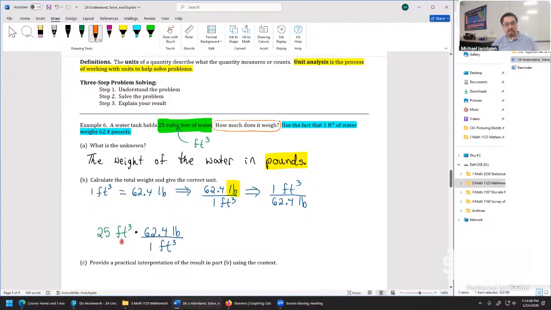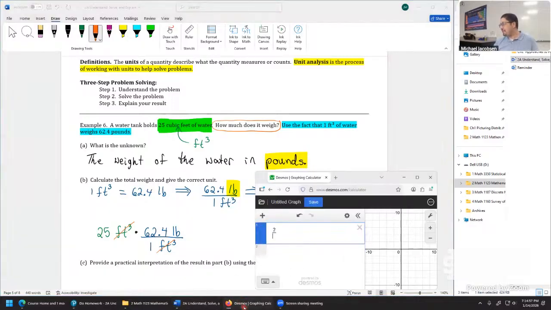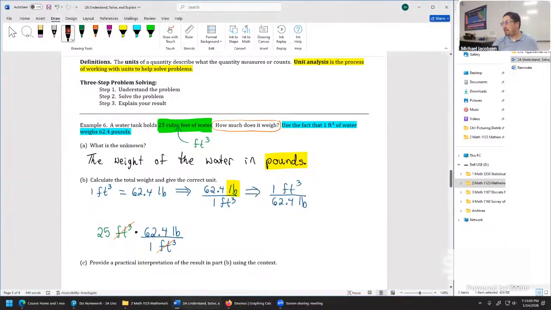Think of feet cubed just like another common factor. It can completely cancel out in that way as a unit. Division by 1 just results in 62.4. So now all we're taking is 25 times 62.4, and we get 1,560 pounds.